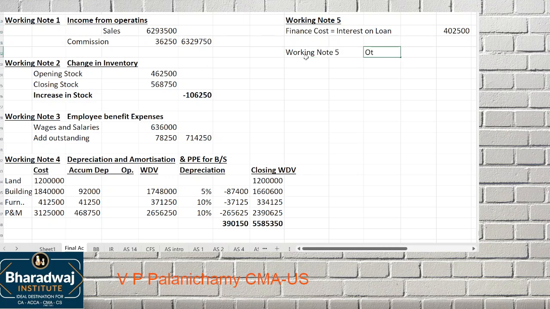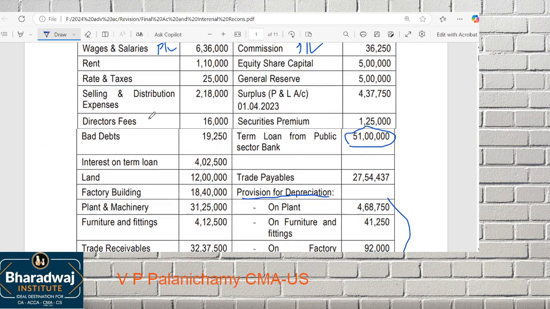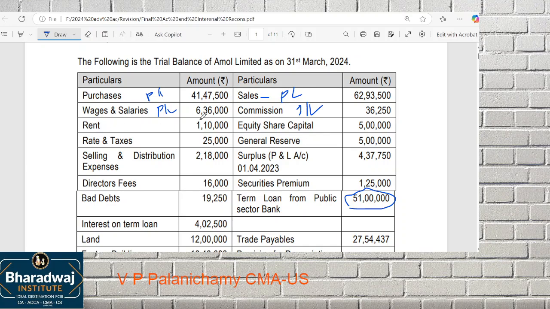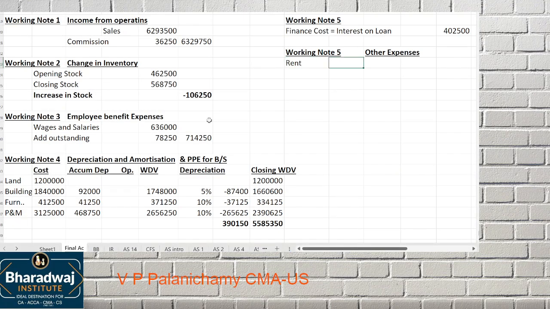Other expenses or sundry expenses. What will come in other expenses? You can check in the order of trial balance itself. Rent, 1,10,000 plus outstanding rent.